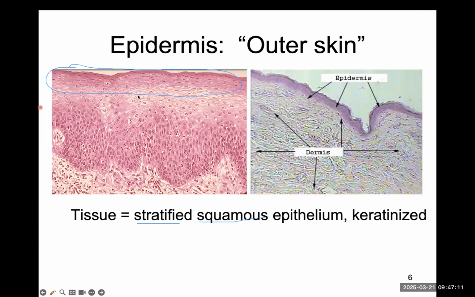And as they move up, they get more flat here. They start becoming flat because they're dying and being deprived of nutrients. And they also have many layers, and this is the dead skin cell layer that's going to protect you.